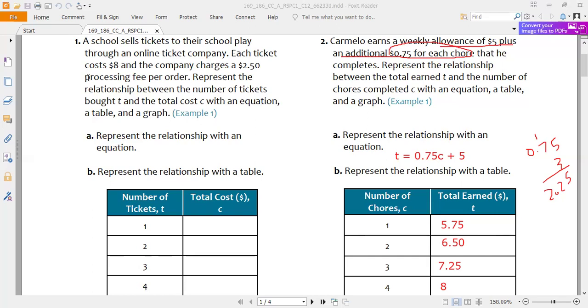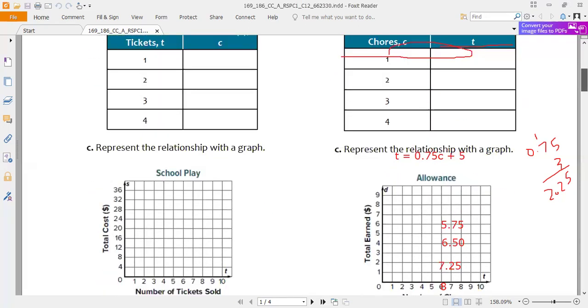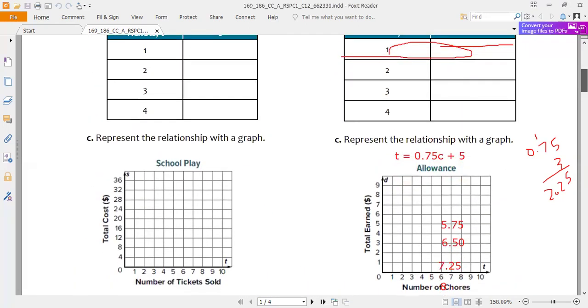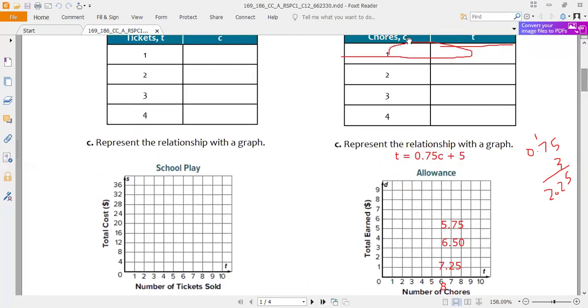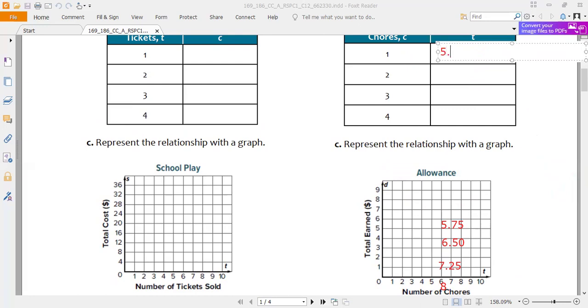Okay. After that, let's move towards the graph, how you will make the graph. So again, I have to write the numbers here because it's moving down. So here I will write 5.75.